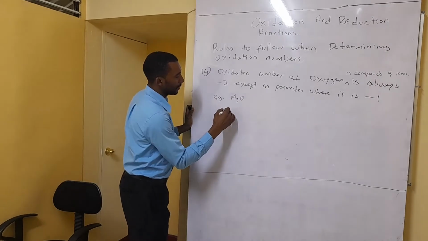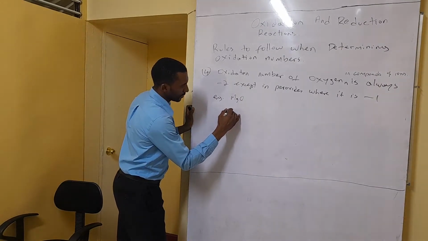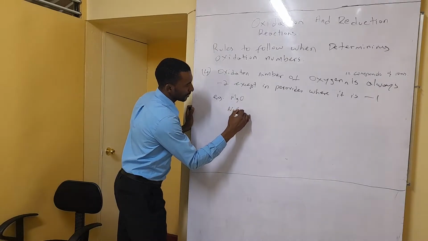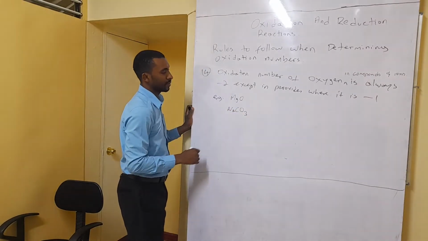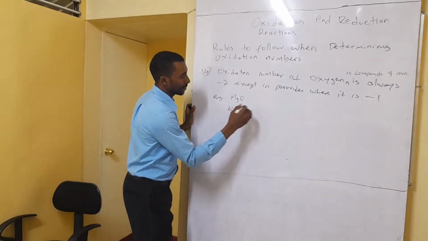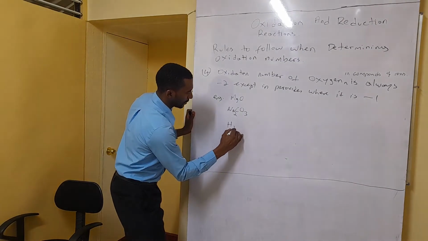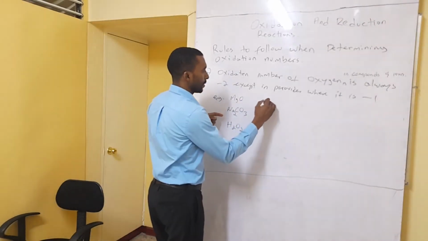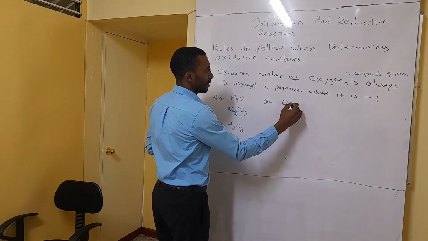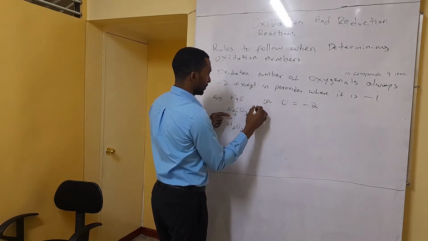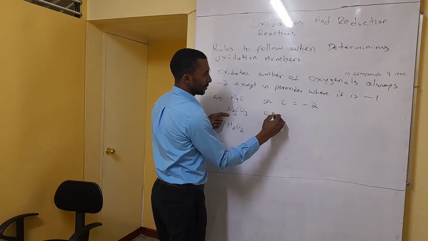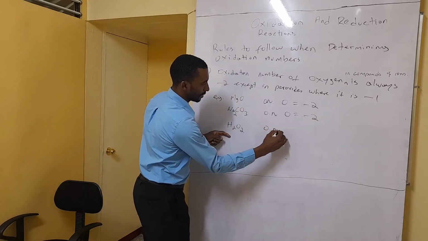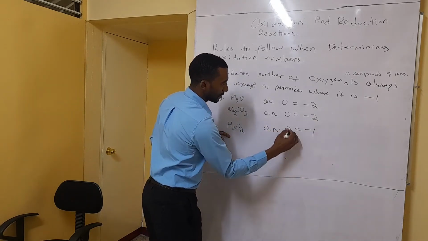magnesium oxide, look at sodium carbonate, look at H2O2, right? So just to note that the oxidation state of oxygen here is -2, oxidation number of oxygen equal to -2, and the oxidation number in peroxide of oxygen is equal to -1.